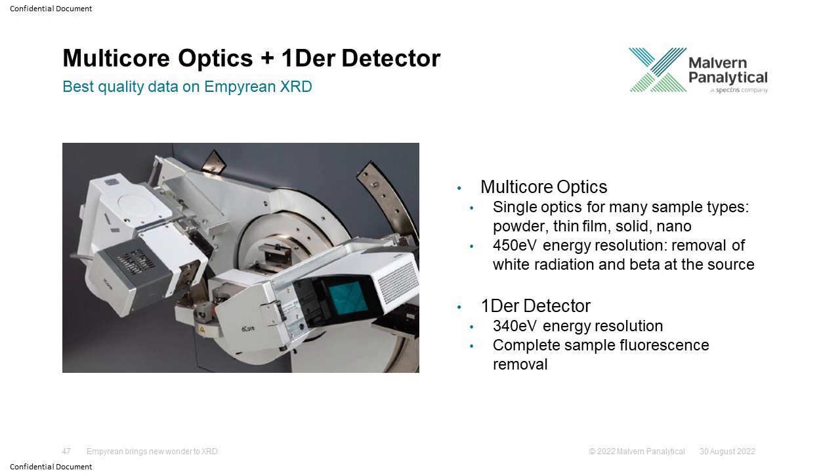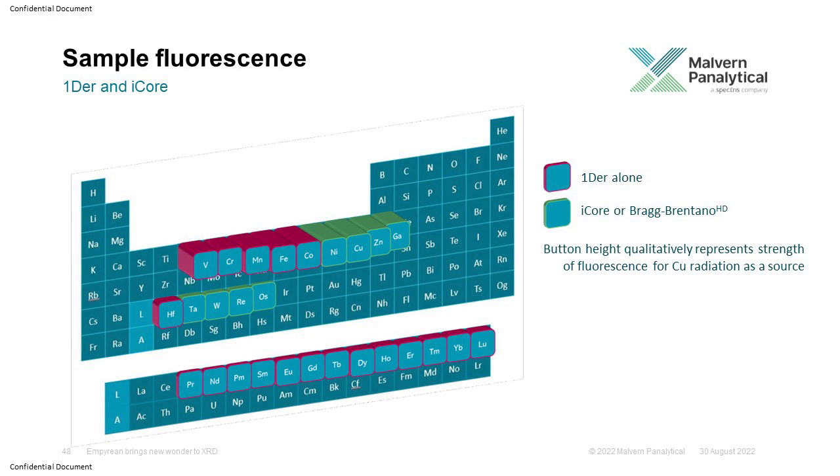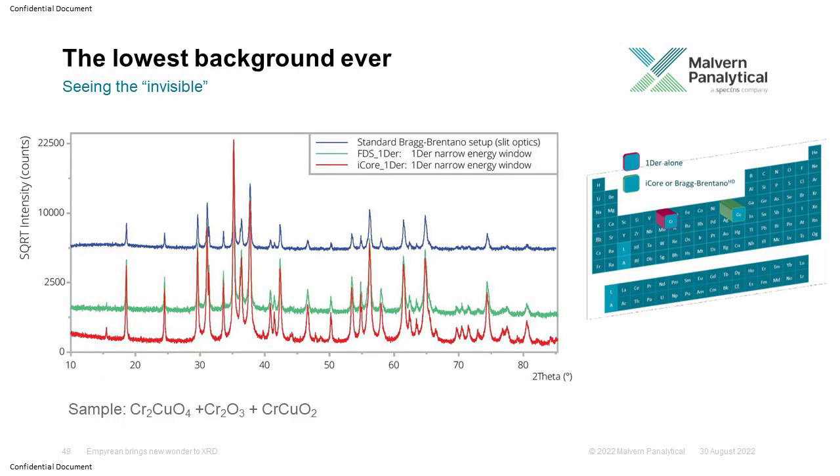And the detector is for very high resolution and high sensitivity data. This is one example of a sample where you have chromium and copper present. If you measure with a standard kind of diffractometer, this is what you get, very high background. If you measure with an energy dispersive detector, then this is what you get.